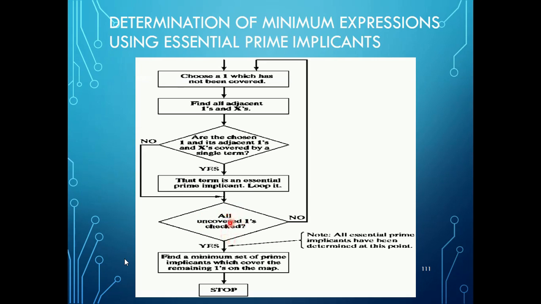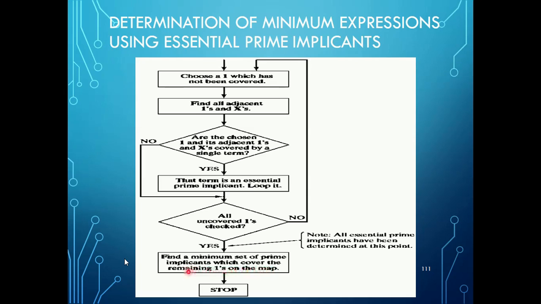Next, if all uncovered ones have been checked, then find the minimum set of prime implicants which cover the remaining ones on the map. So finally, what you have to do is find the minimum set of prime implicants. In the previous problem, you found three essential prime implicants, and the last term was the non-essential prime implicant.